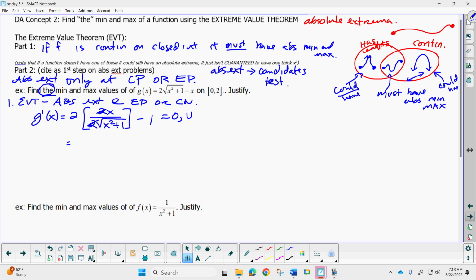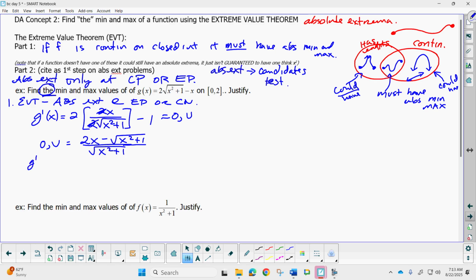So the common denominator is root x squared plus 1. 2x in the first fraction stays the same, and the second becomes minus x squared plus 1 square rooted, is 0 or undefined. I should maybe have that on the right. It doesn't matter. Goodness, so this is getting ugly, but it is what it is.